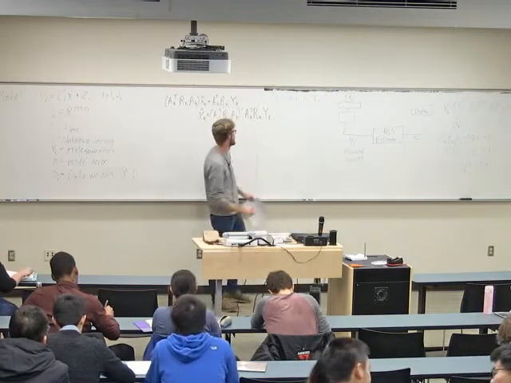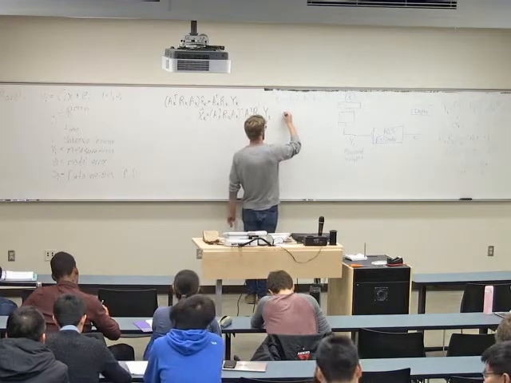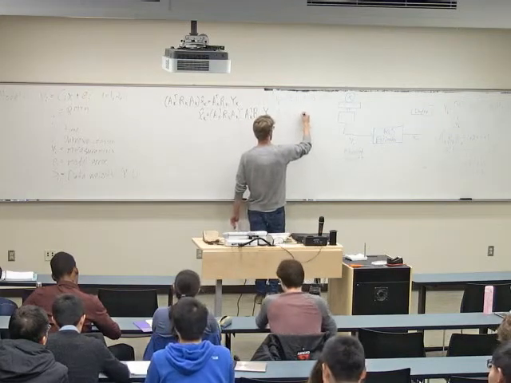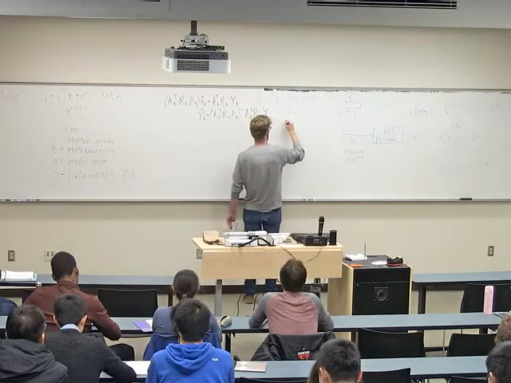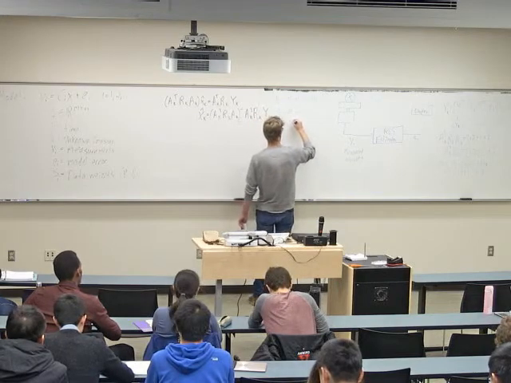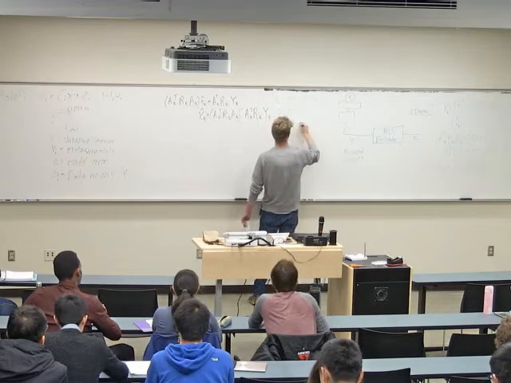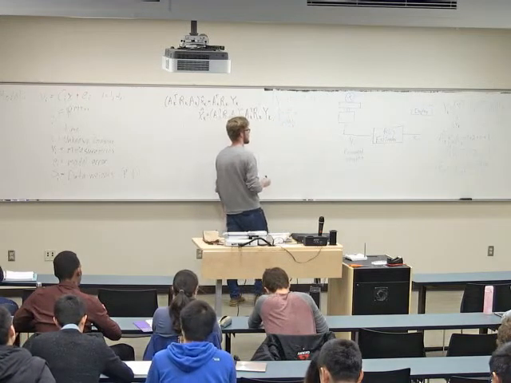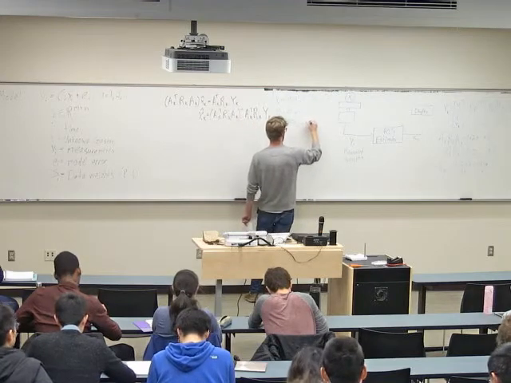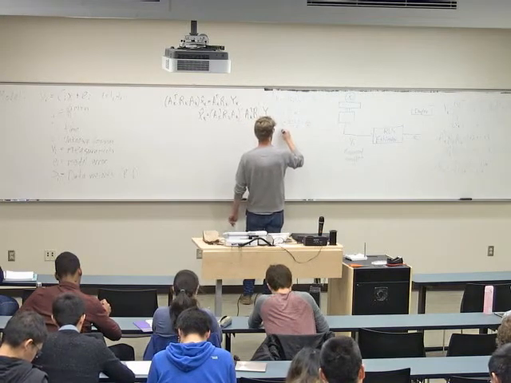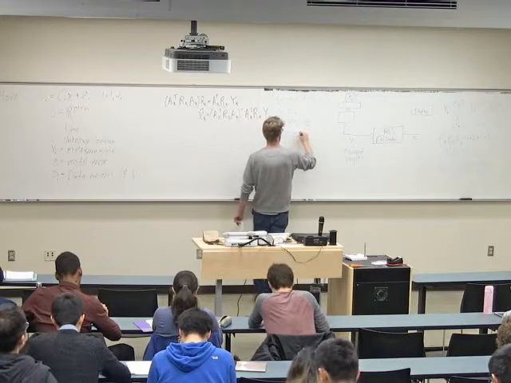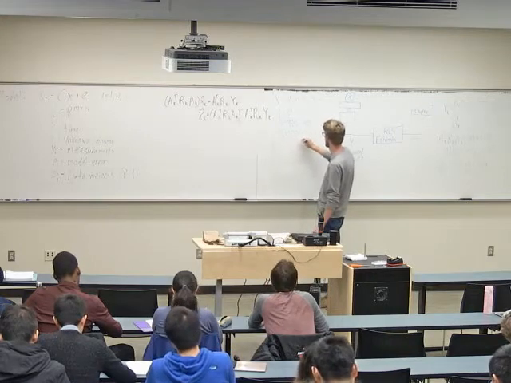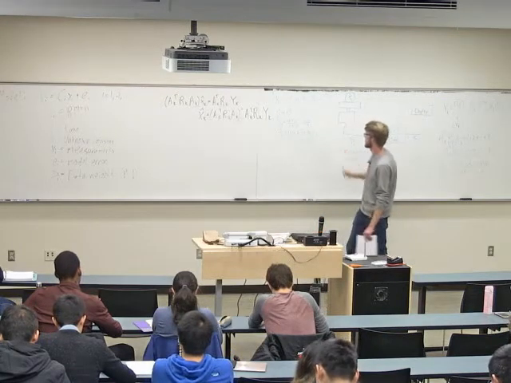Okay, so x1 is just going to be 10 times 1 divided by 1. x2 is going to be 10 plus 2 times 11 over 1 plus 2. So that's 10 plus 22 over 3. x3 is 10 plus 2 times 11 plus 3 times 9 over 1 plus 2 plus 3. And you kind of get the picture.